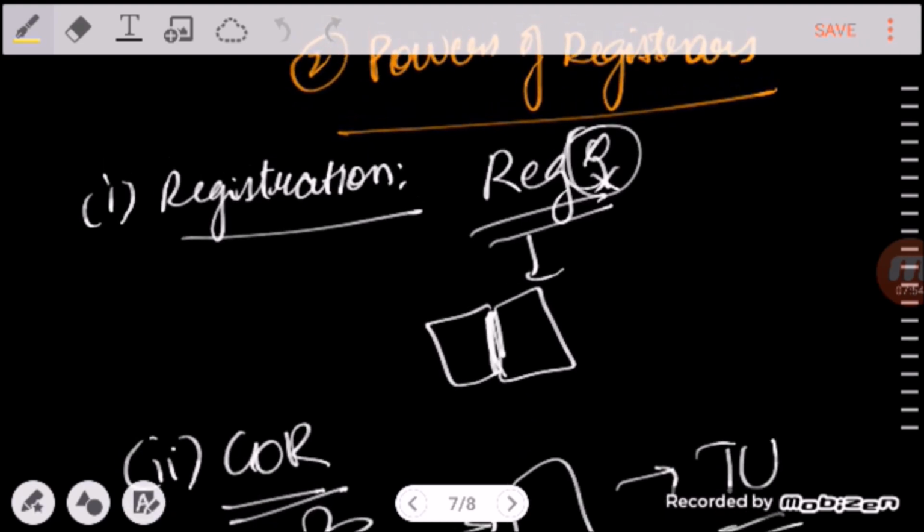The first one is the power of registration. Registrar is the competent person to register a trade union. He shall maintain a register of trade unions. He may reject the application. He may ask for further information. He may ask to change the name of the trade union if it is identical with any existing one.